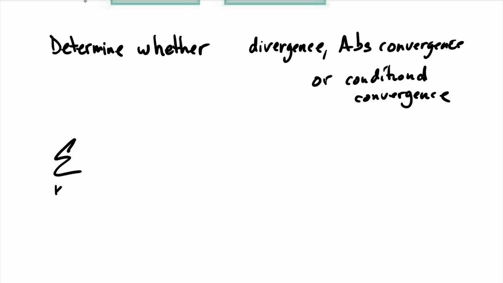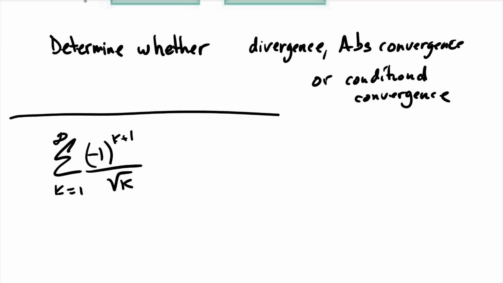All right, so we have the sum from k equals 1 to infinity of -1 to the, I don't care if it's k+1 or 7 or anything. Well, let's see. Does this converge? Does this absolutely converge? Does it diverge?